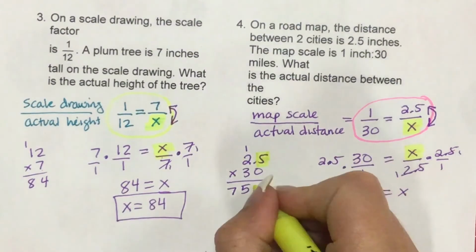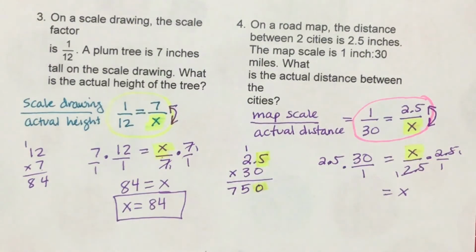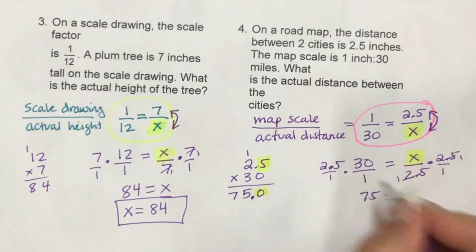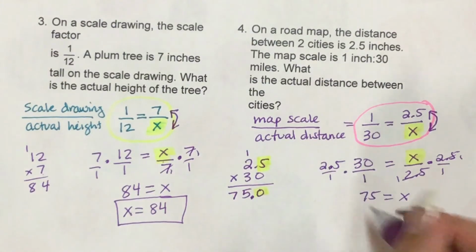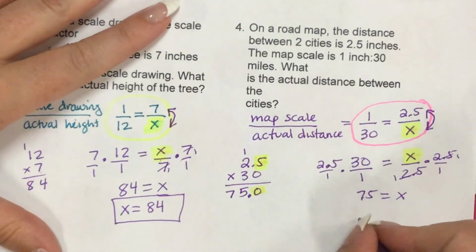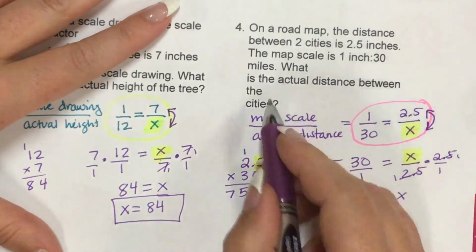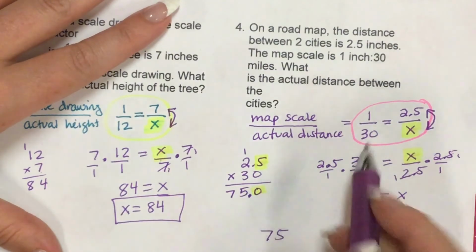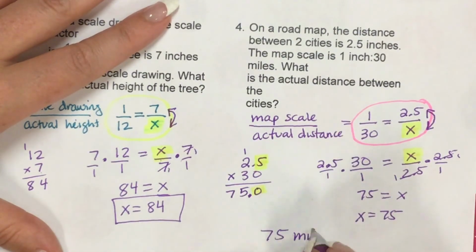This has 1 decimal place, so the answer has to have 1 decimal place, which means my decimal place goes right there. And so it's going to be 75, and this would be 2.5 over 1. 1 times 1 is just 1, and 75 over 1 would be the same thing. So that means that x equals 75. The distance between the cities would be 75, and we're talking in miles, so 75 miles.